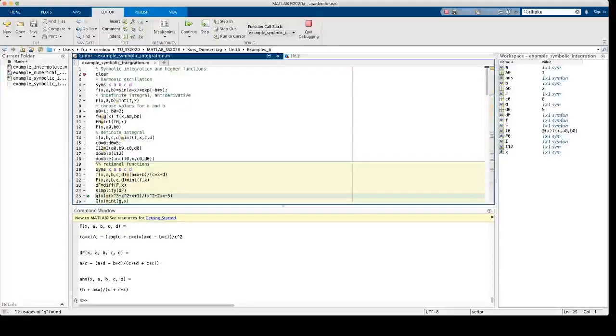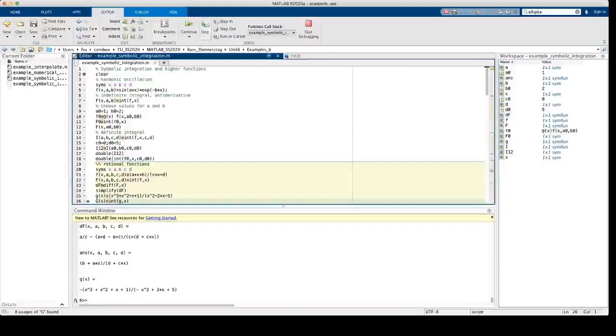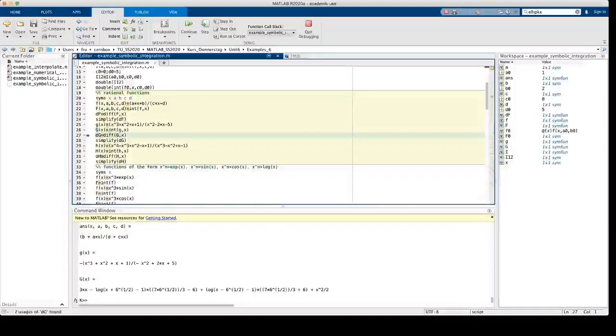Let's now try a slightly more complicated rational function, the ratio of two polynomials of degree 3 in the numerator and of degree 2 in the denominator. This function is called small g, and its indefinite integral is called capital G. And you can see that it can be expressed in terms of logarithms and other algebraic operations.